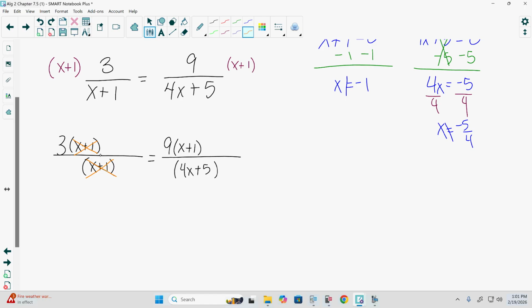Those don't simplify. So that doesn't help us too much, but multiplying by the x plus 1 on the left-hand side did simplify, yes? So what else would we need to multiply by? 4x plus 5.